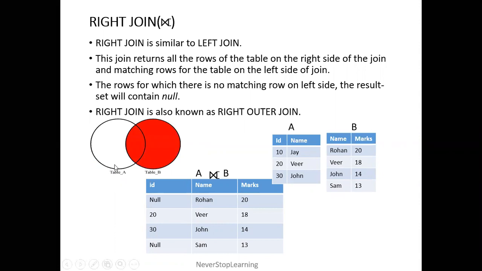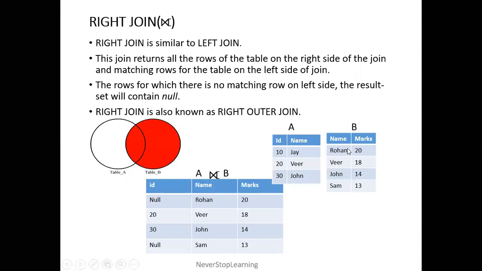Earlier we were getting all the rows from the left side and common from the right side. Now in right join we are getting all the rows from the right side and only the common ones from the left side. The rows for which there is no match on the left side, the result will contain null. Right join is also known as right outer join.